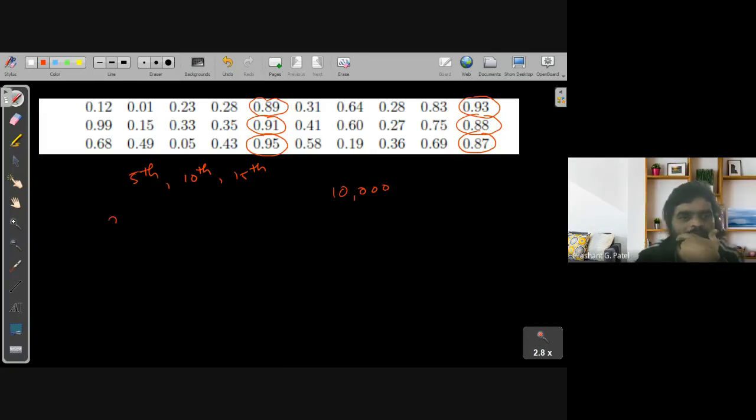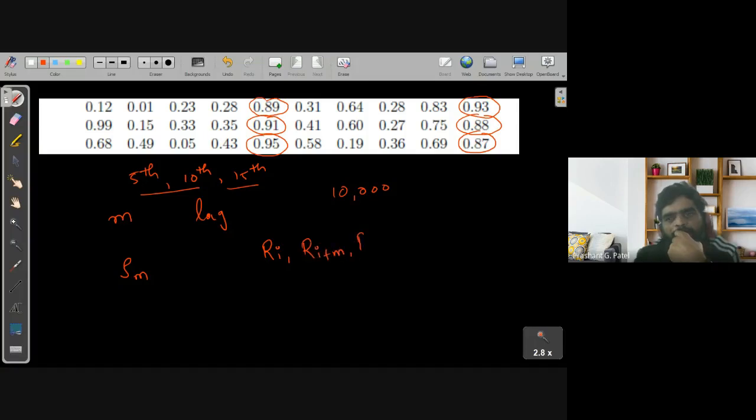And m is actually the gap or lag between them. For example, here the lag is 5. So the autocorrelation coefficient that we denote by rho m, between the following numbers we are interested in: Ri plus m, Ri plus 2m, and so on, up to Ri plus (capital M plus 1) times small m.